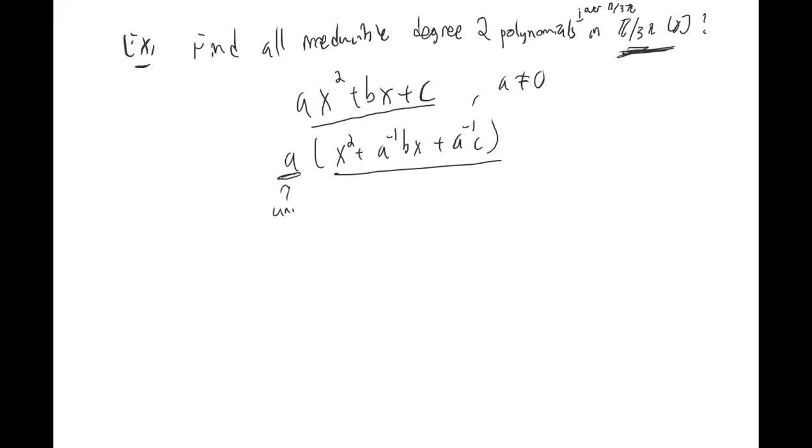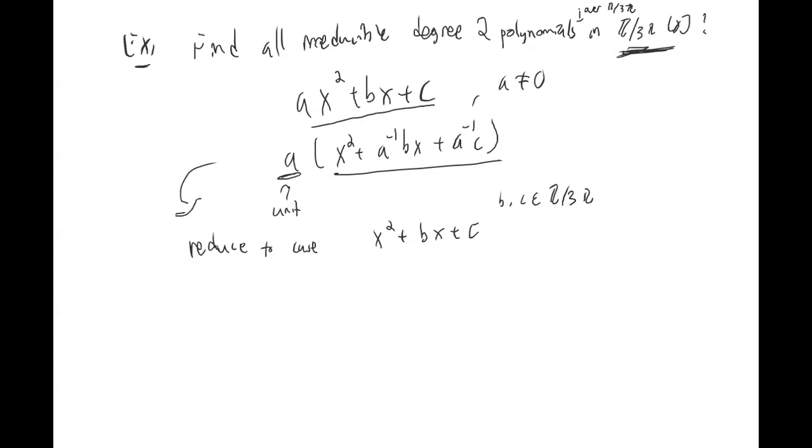So we can reduce to the case where our polynomial looks something like this, where b and c could be anything in Z mod 3Z.